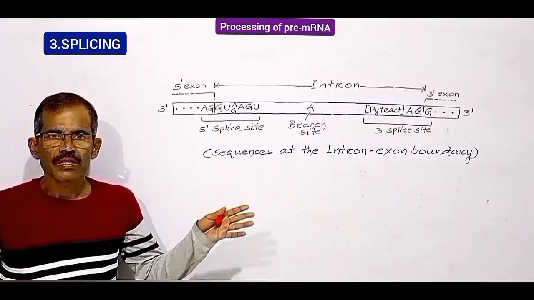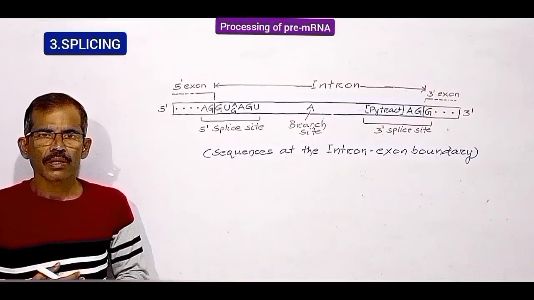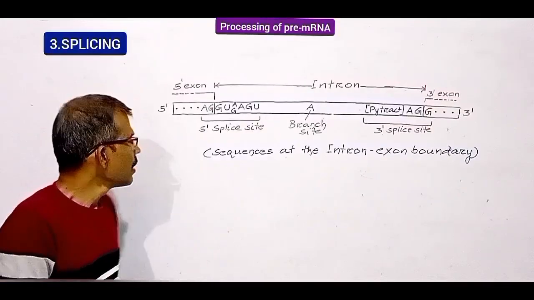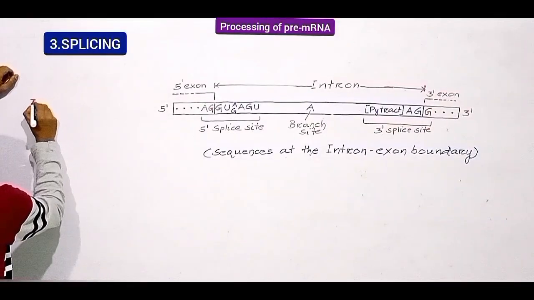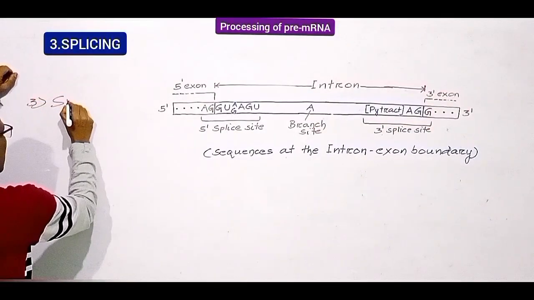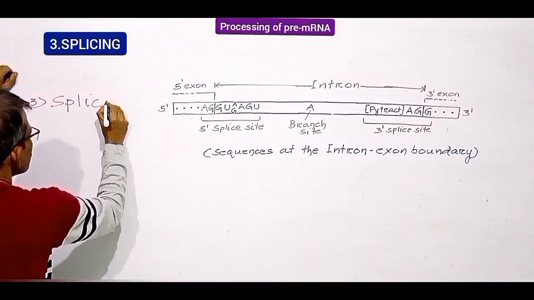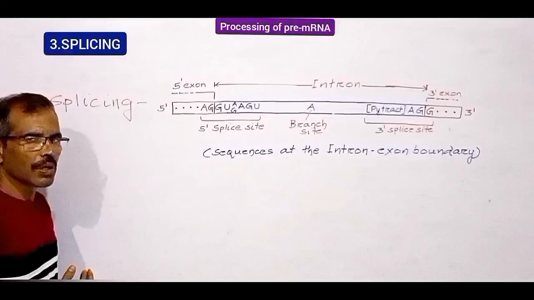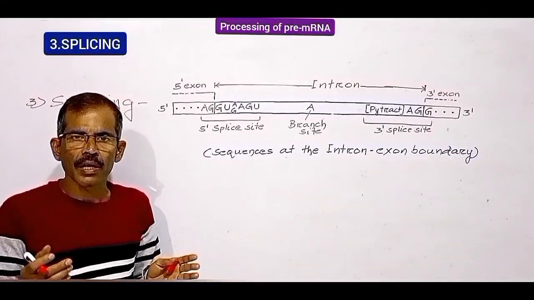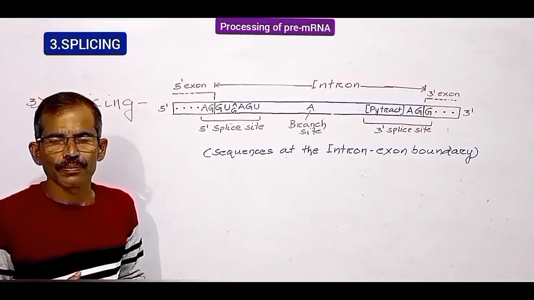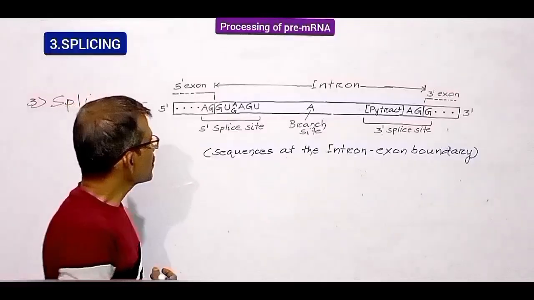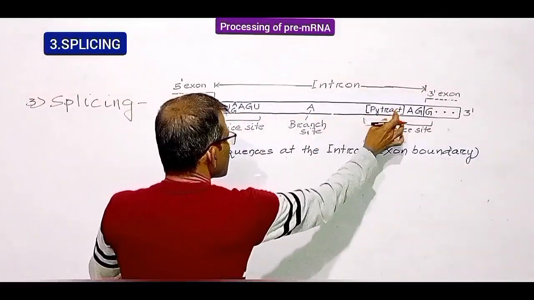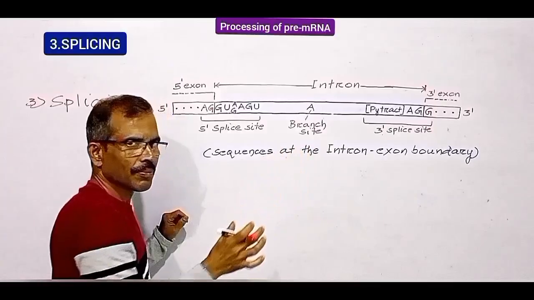The third major type of modification of eukaryotic pre-mRNA is the removal of introns by splicing. Splicing takes place in the nucleus before RNAs move to the cytoplasm. Splicing requires the presence of 3 sequences within an intron.